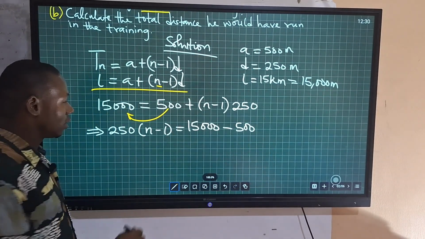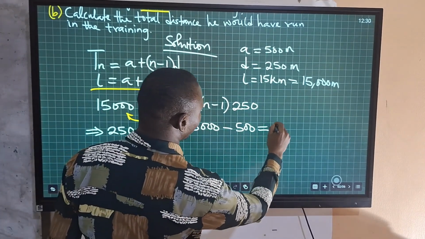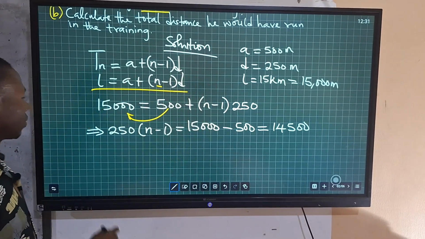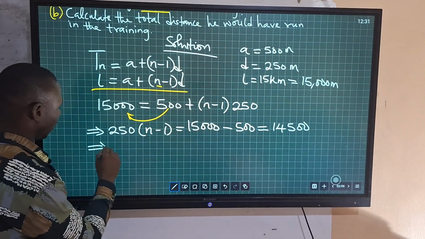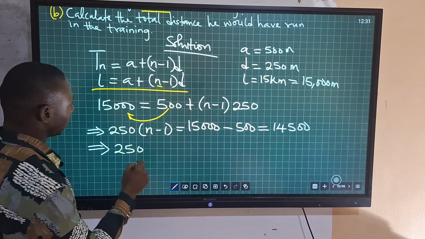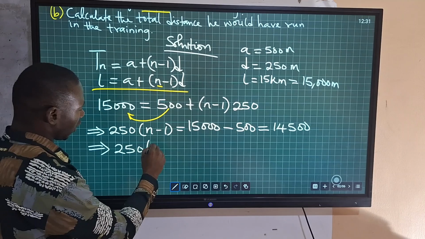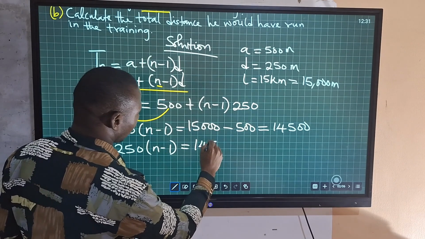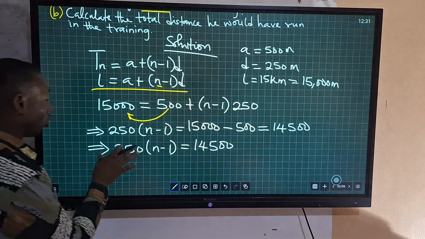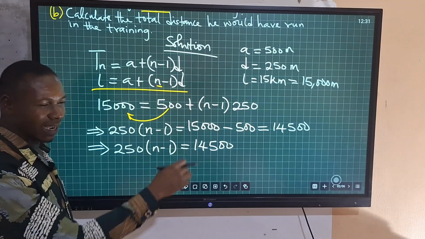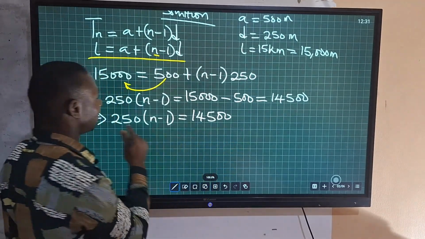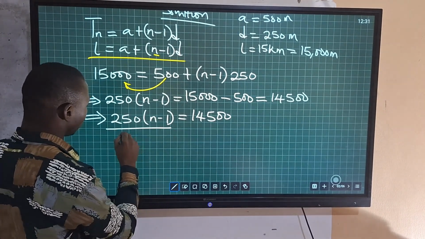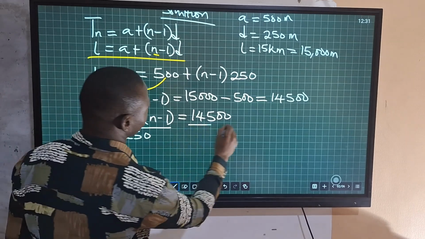Is that clear? So if we do the subtraction, you have 14,500 meters. So from here, we say that 250 into n minus 1 gives us 14,500. So instead of me opening the brackets and later dividing again, it's better I divide from here to make life easier. So I will divide through by 250.